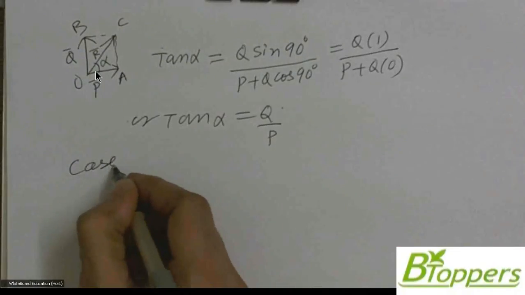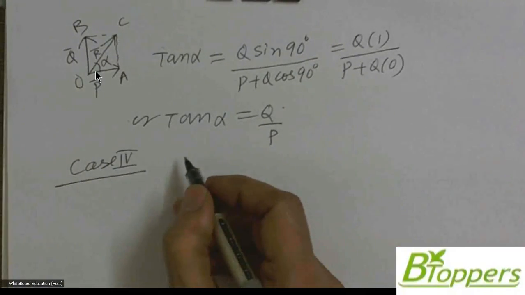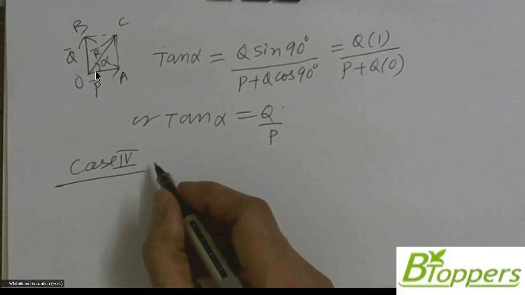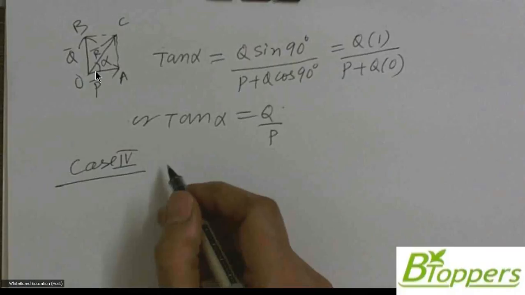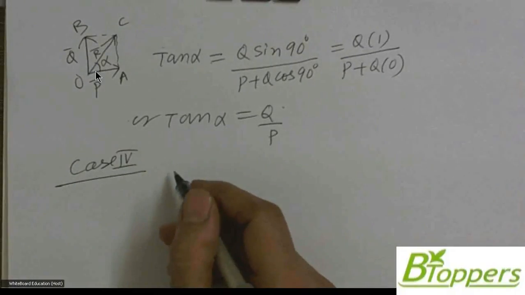So next, I consider one more special case, case 4. You come across a good number of examples where two vectors have the same magnitude but have different lines of action.